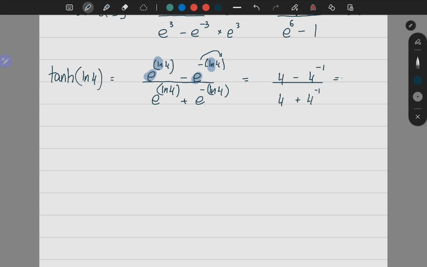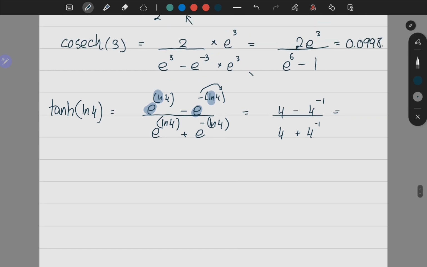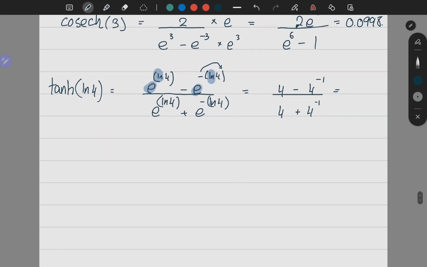Well, the sign changes. Right, so when you do that, the next thing you can do is just simplify, or you could try to do what we did over here. You could multiply both the bottom and the top with 4, just so you have an easier time, but you don't have to do that. Here, you're just going to get 15 over 17.